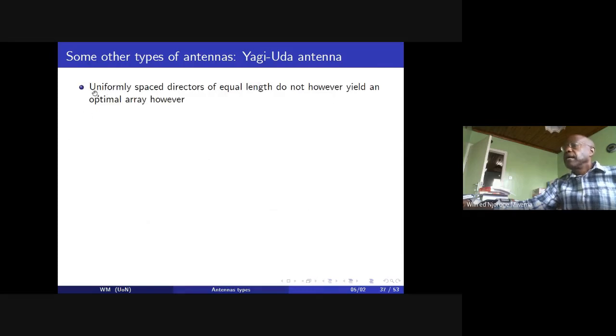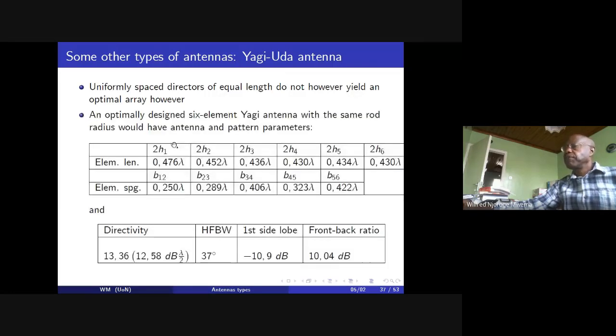So uniformly spaced directors of equal length do not yield an optimal array, and therefore when you design it for optimal performance, then you'll have the same rod radii, and we use an antenna parameters of that nature where all of them have different values. We see we have cut the active element much shorter than before. We had 0.49, but now we are using 0.452 of lambda.